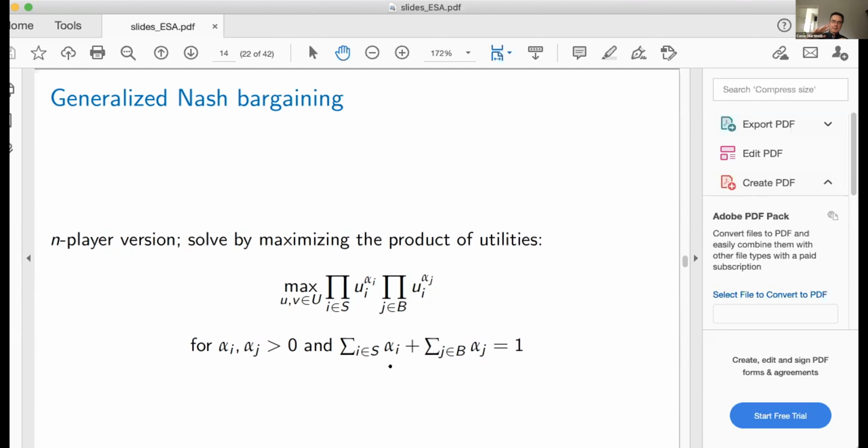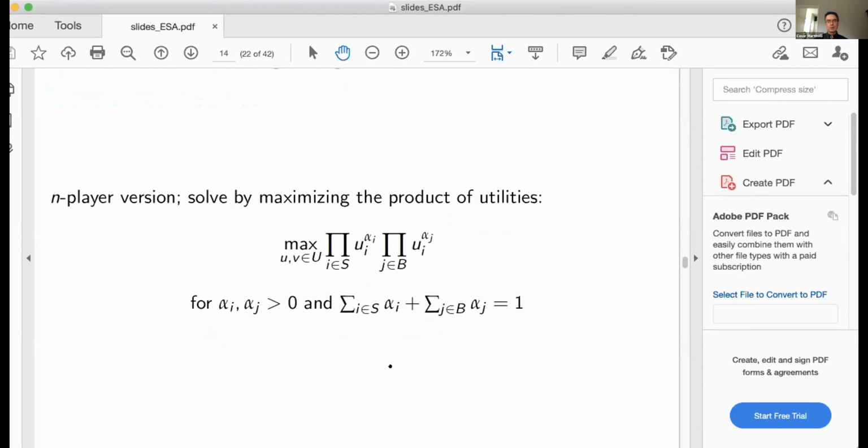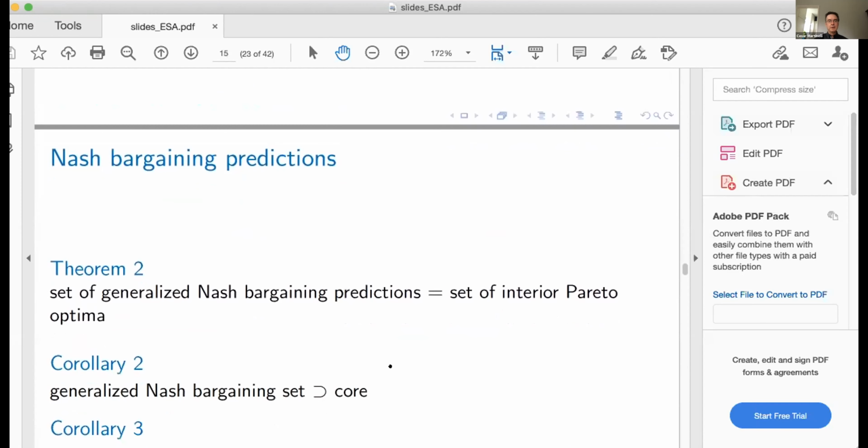If we do that, we may end up capturing points that do not maximize total surplus, because generalized Nash bargaining happens restricted to allocations that are constrained to transfer between pairs. So we may capture points that are not actually efficient in the simple utilitarian way.